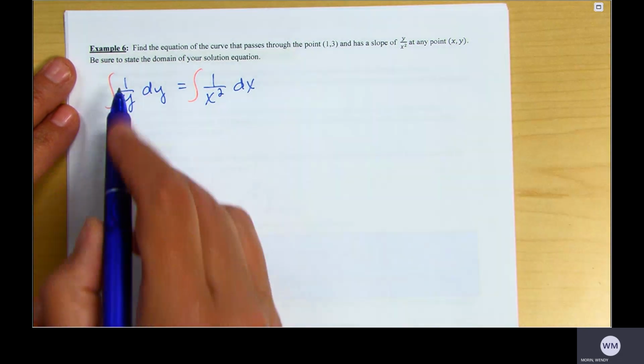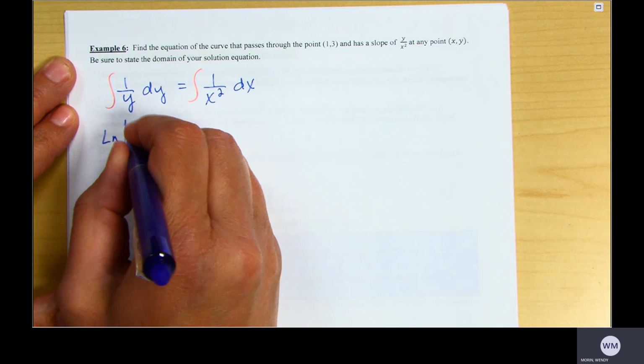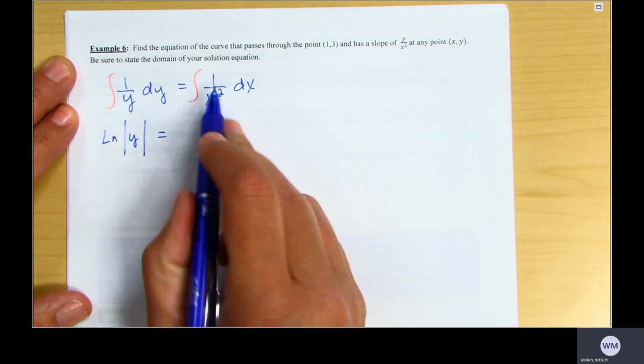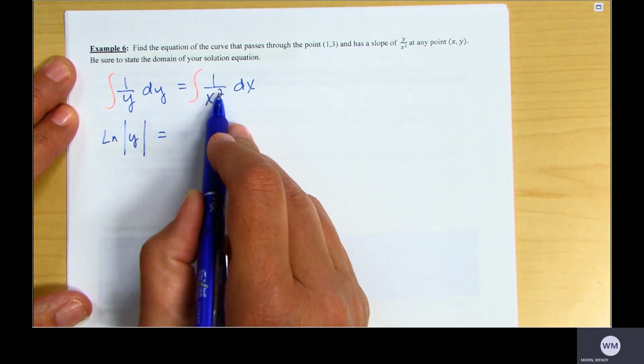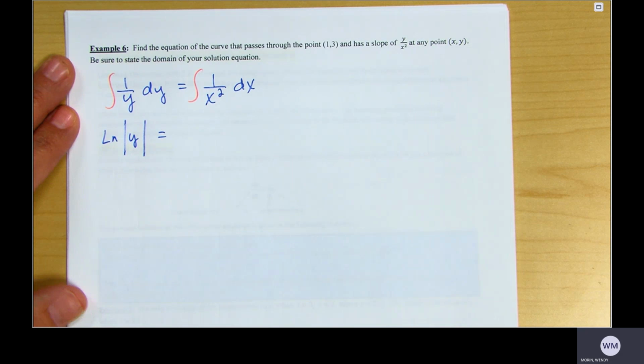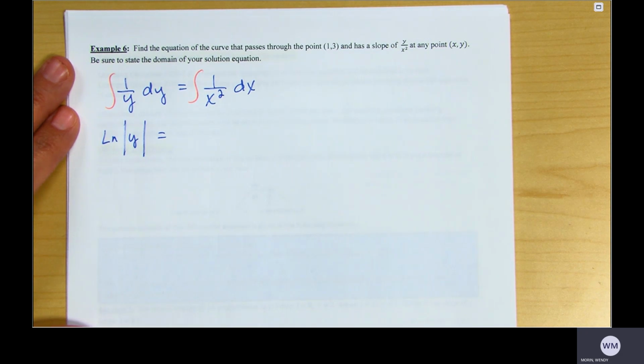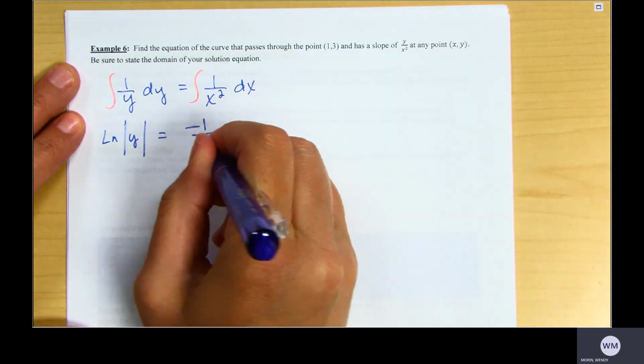Okay, so here we have the natural log of the absolute value of y again. And how do we integrate 1 over x squared? Do you guys remember that? Something whose derivative is 1 over x squared? Well, it's -1 over x.